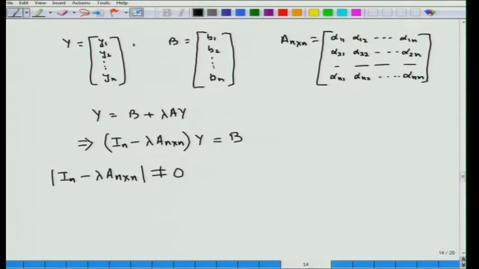That we will discuss in the next lecture. But the point is that if we are able to find some values of lambda such that this determinant is non-zero, then we can find a unique solution for this system of linear equations.